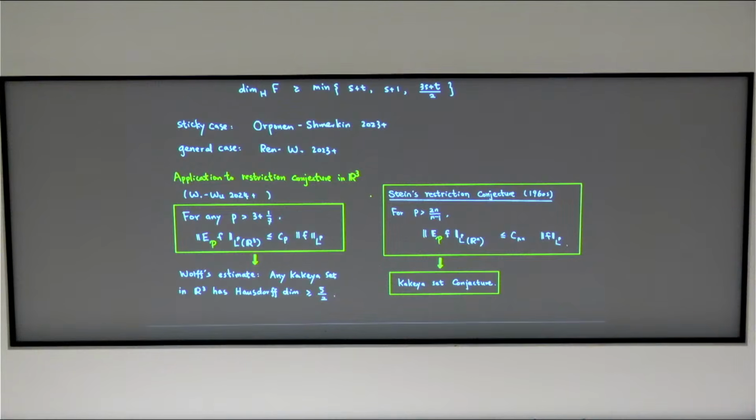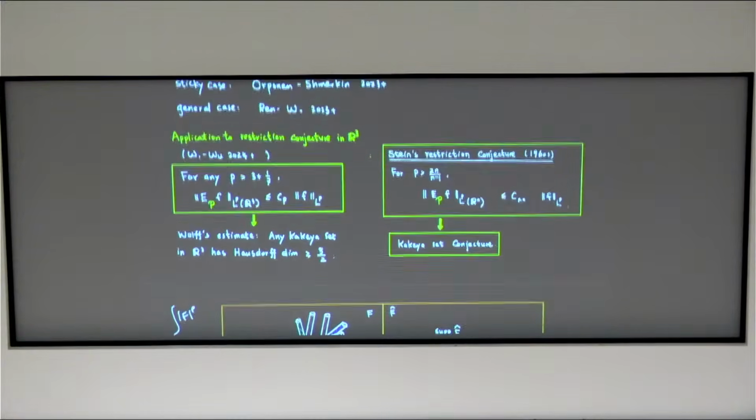Maybe the interesting thing about this exponent is that via the same implication that Stein's restriction conjecture implies the Kakeya set conjecture, this implies Wolff's hairbrush bound, meaning that any Kakeya set in R3 has Hausdorff dimension greater or equal than 5/2, which is the previous result that is very hard to improve.